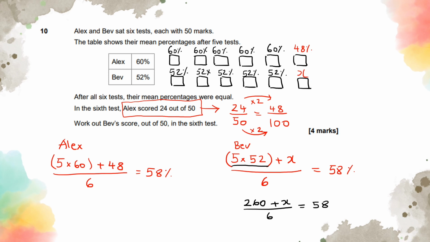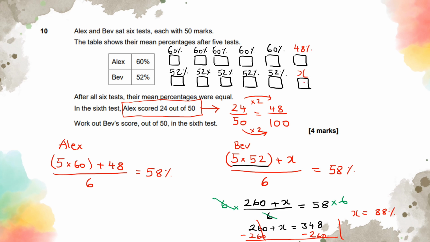So we need to times both sides with 6 to get rid of the 6 here. We're solving the equation now. That's gone, that's gone. So that's going to give me 260 plus x is equal to 348. I will then need to take away 260 from both sides, which would mean that I'm going to carry on writing here, x is going to be 88%.